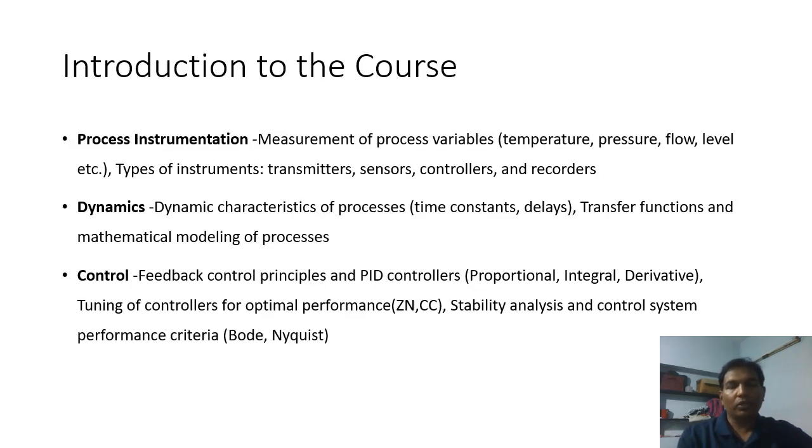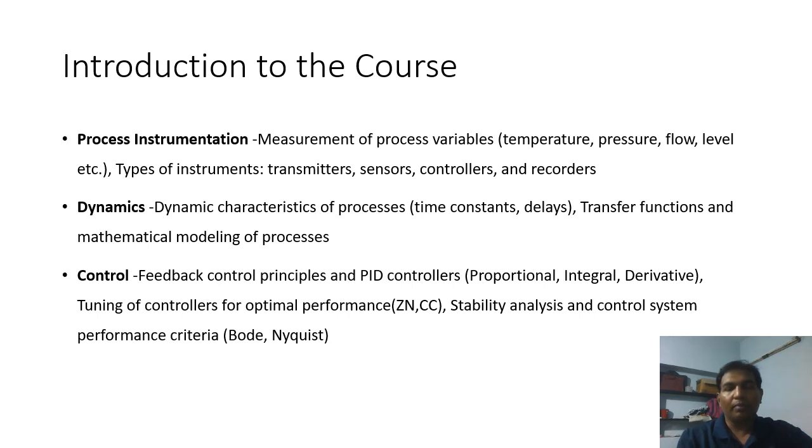So, introduction to the course. From the topic process instrumentation, dynamics and control, we can see that each word has a different understanding. One is process, another is instrumentation, another is dynamics, and another is control.